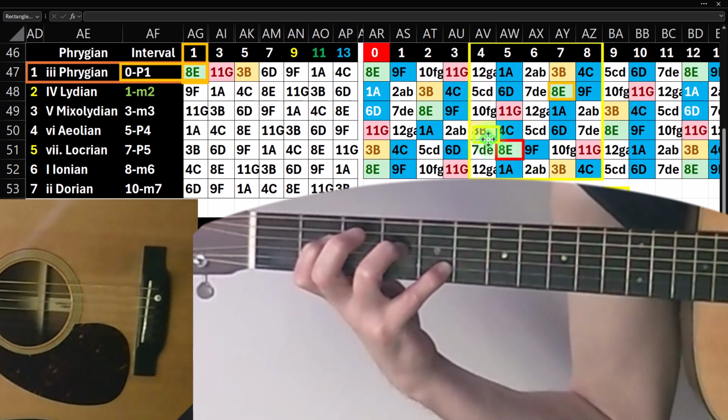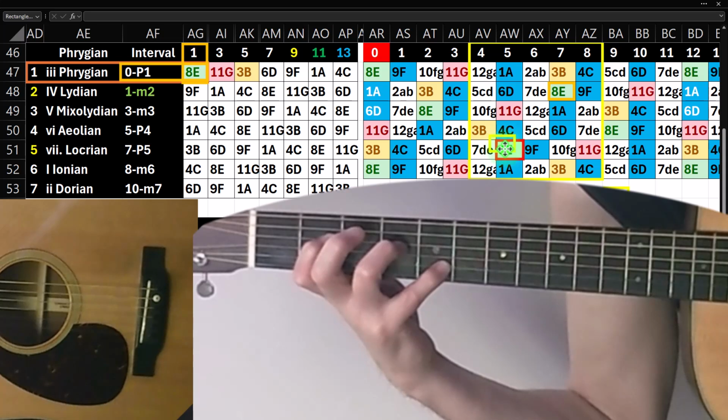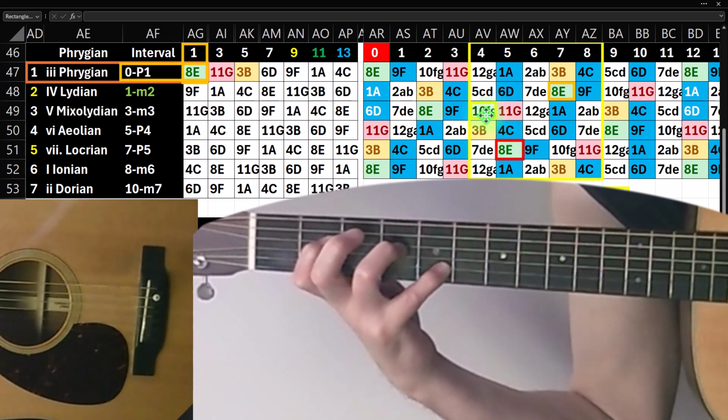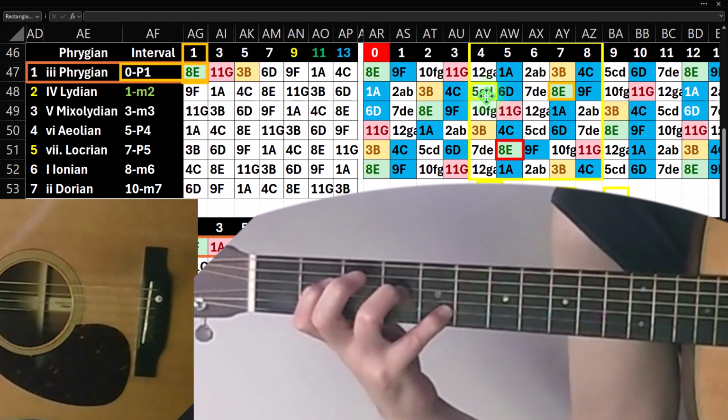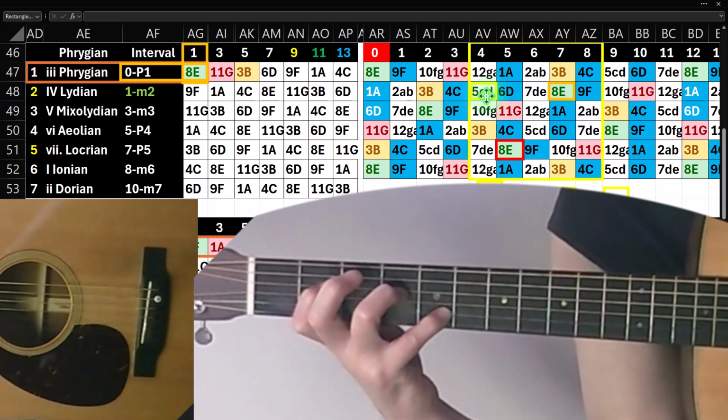So I'm going to say this is going to be, once again, -5 diagonal this way, and then 10 straight above, 15 straight above, only 12 notes in the musical alphabet.